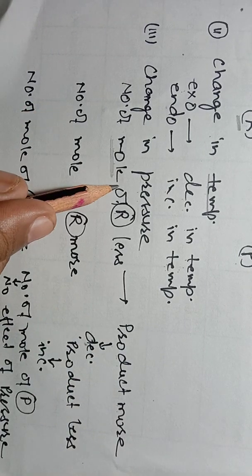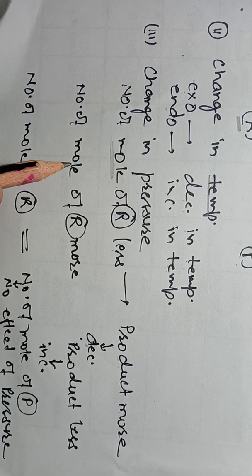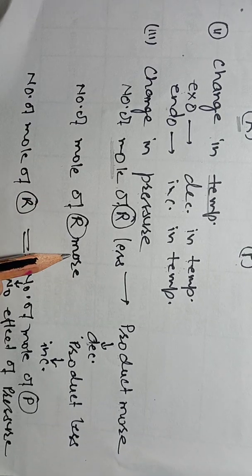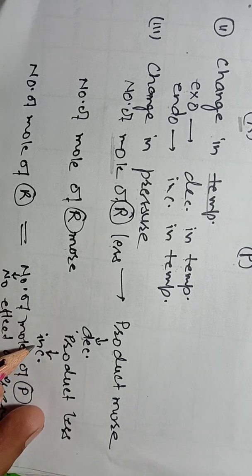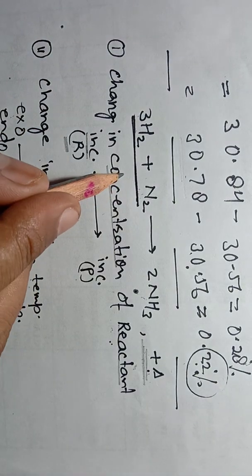But if the reverse condition is present, with the number of moles or volumes of reactant more and product less, then we will increase the pressure.